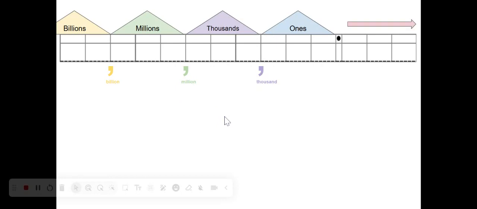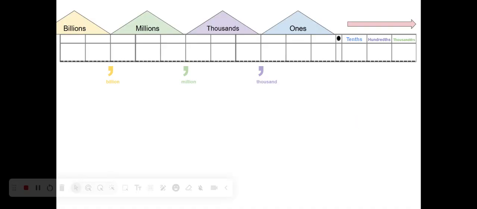But everything to the right of the decimal point is going to get smaller. Those portions are going to get smaller and smaller. So everything on the right of the decimal point is less than one whole. So we've got tenths, because we need 10 of them to make one. Then we have hundredths. We need 100 hundredths to be equivalent to one. And then we have thousandths.